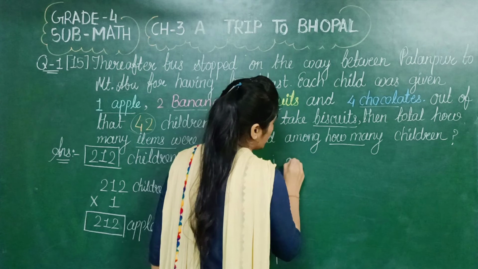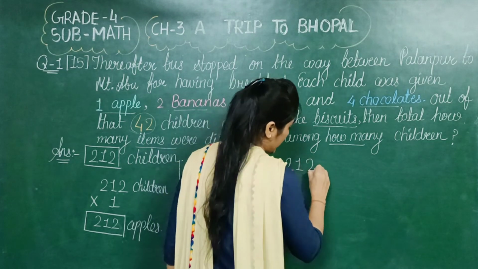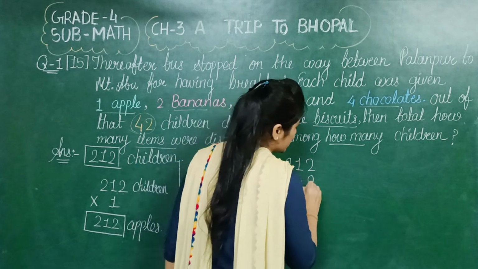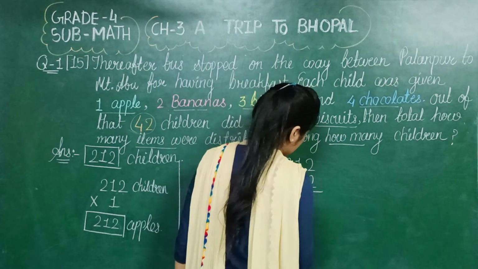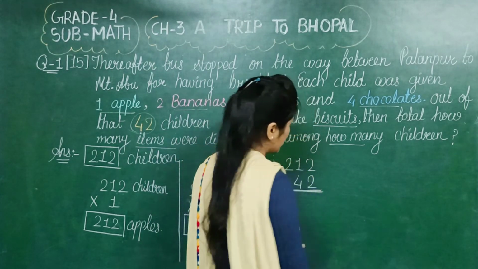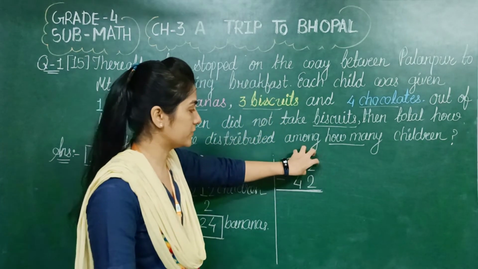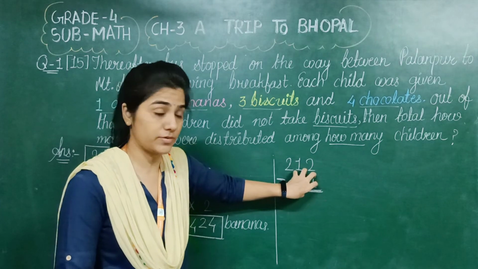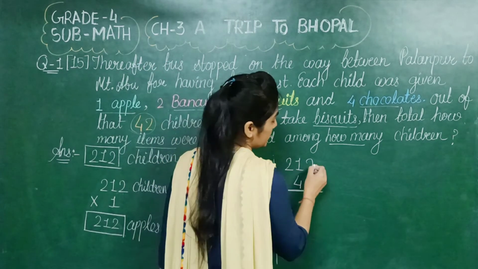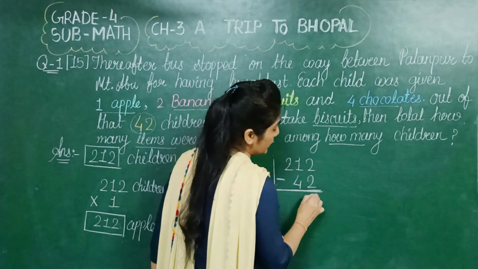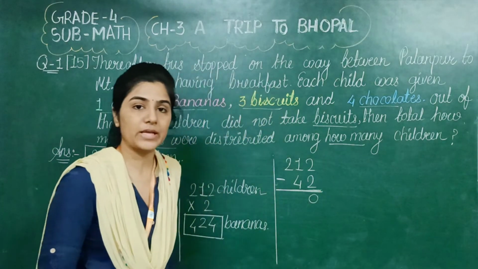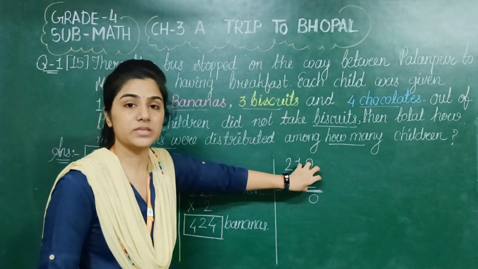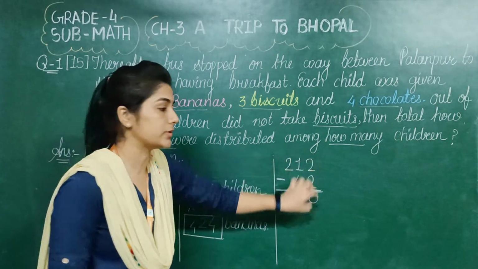From the total children of 212, 42 children are not taking biscuits. So we can subtract this 42 from the total number of children. Obviously subtraction we have to do, because 42 students are not taking biscuits.